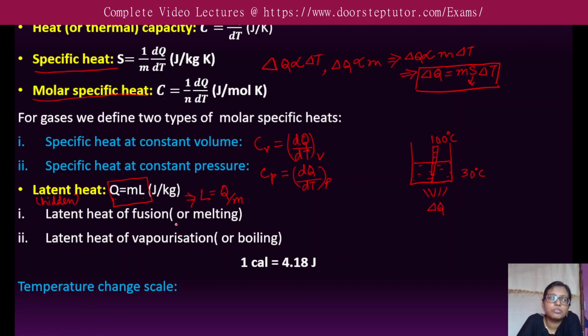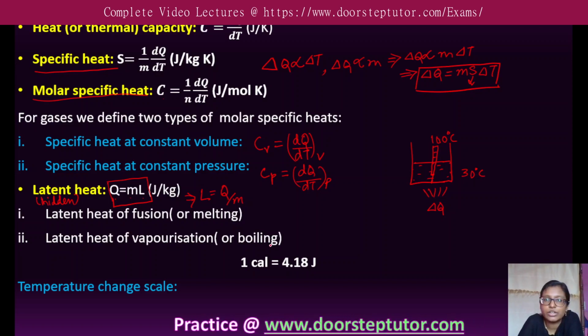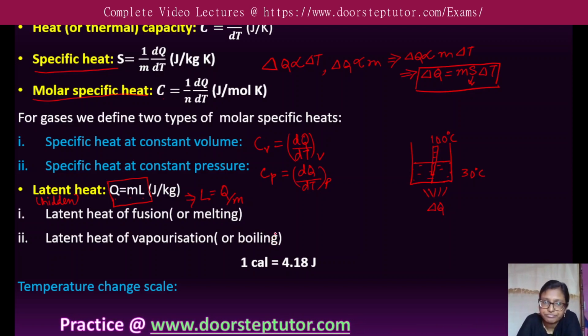Okay, so there will be two types of latent heat. One is the latent heat of fusion or latent heat of melting, and the other is the latent heat of vaporization or latent heat of boiling.